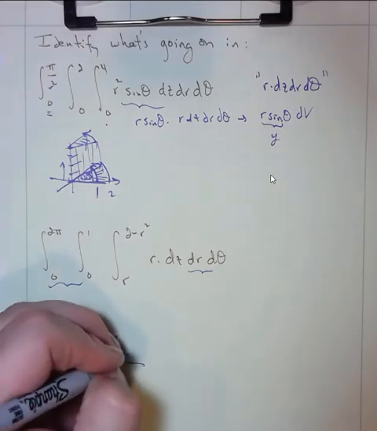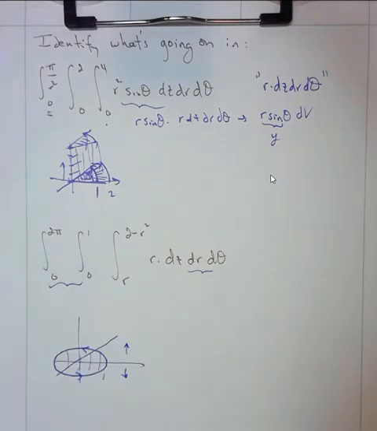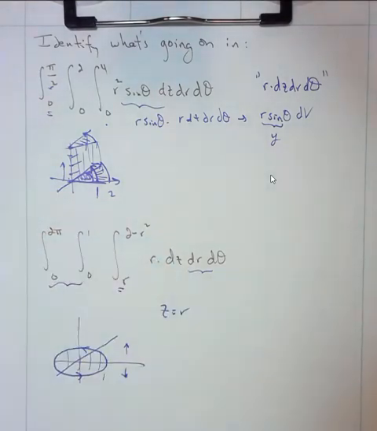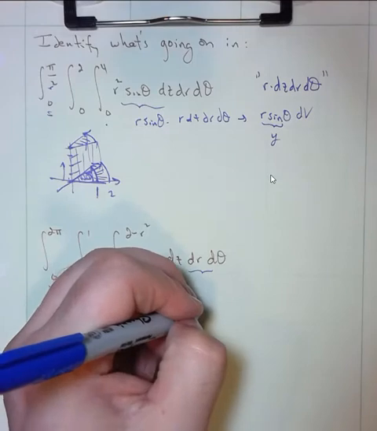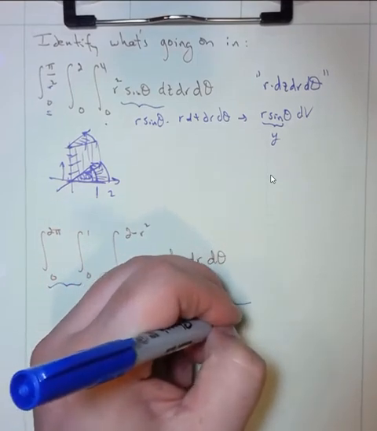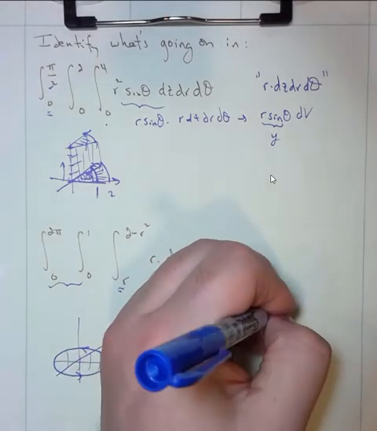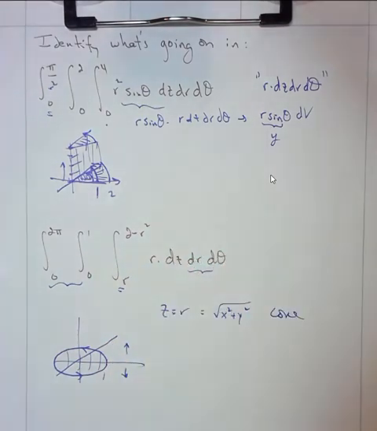Now, what's going on in the vertical direction, in the z direction? Well, our lower bound is z equals r, which is also known as, by the conversion formulas, the square root of x squared plus y squared. This is a cone, and in fact, it's the cone that's on a perfect diagonal.